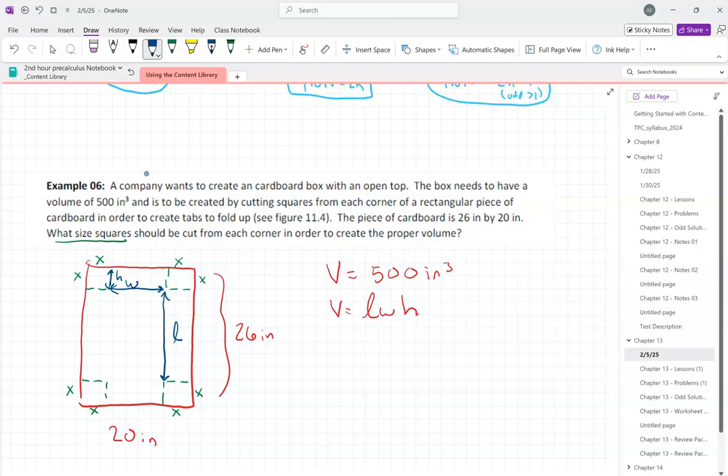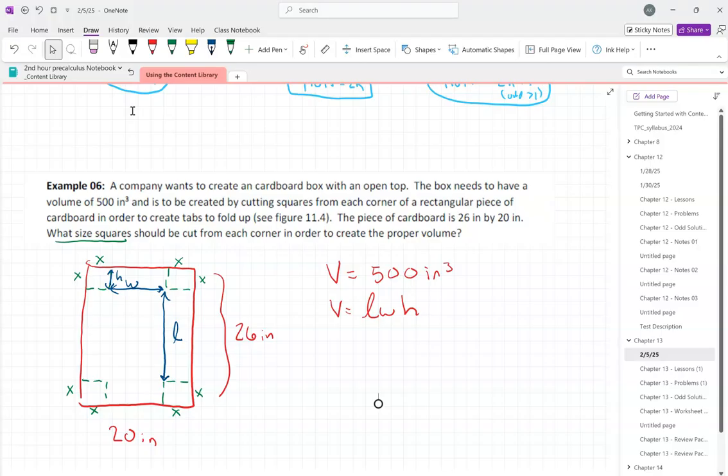Everybody feel okay picturing how this is going to fold up in 3 dimensions? Sometimes that's challenging. My job now is going to be to rewrite my length, my width, and my height in terms of x.